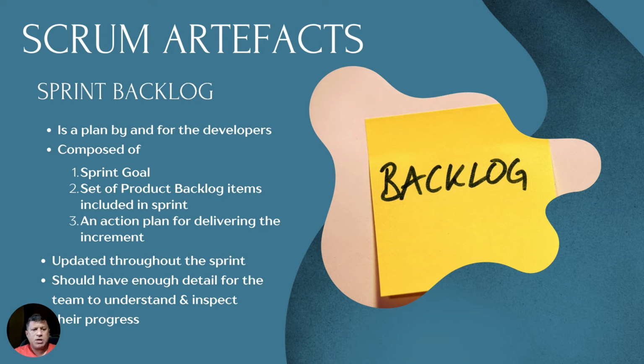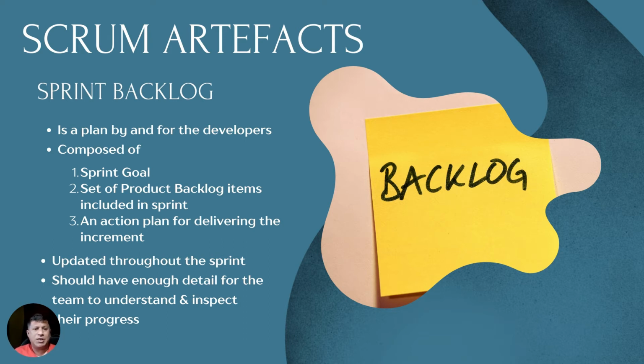And the sprint backlog would also contain all the product backlog items which are committed to be completed by the Scrum team for the current sprint. So that is what will be in the sprint backlog.